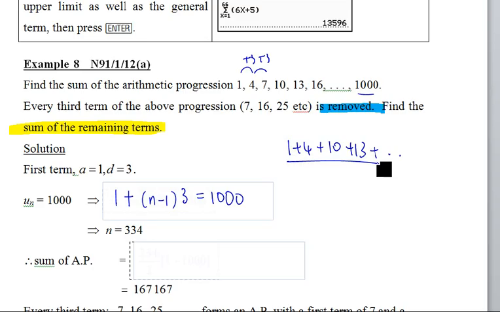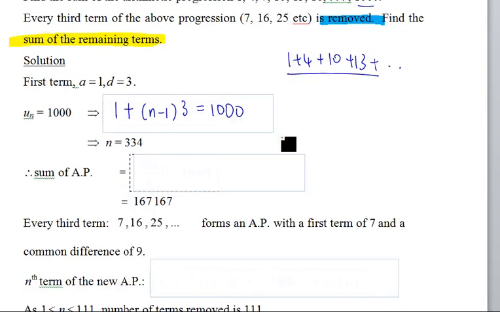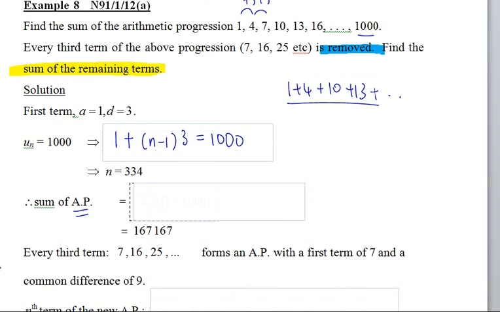So therefore, first we find the sum of this AP, 1 plus 4 plus 7. That means this is 334 over 2 times first term plus last term.